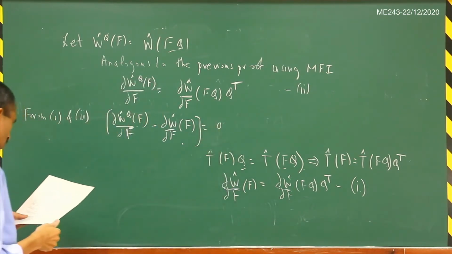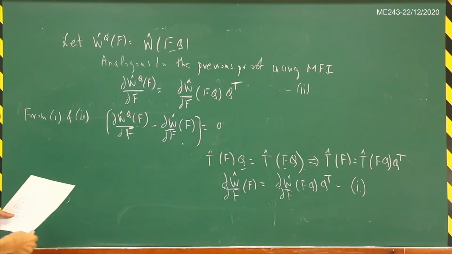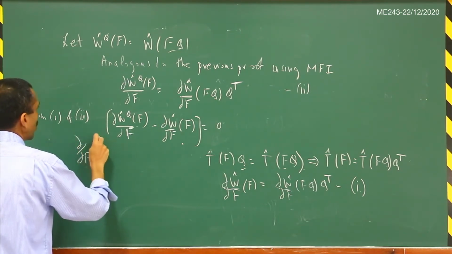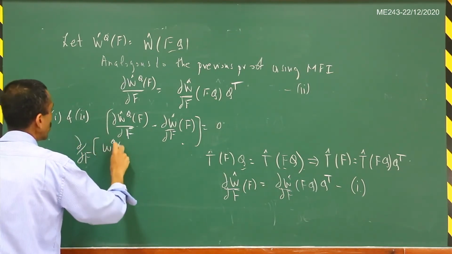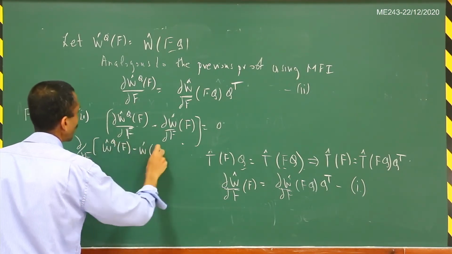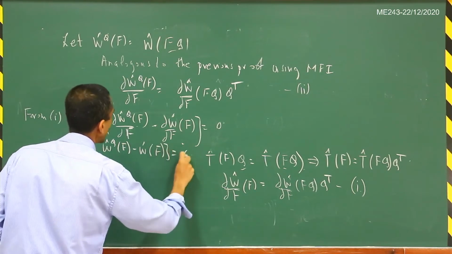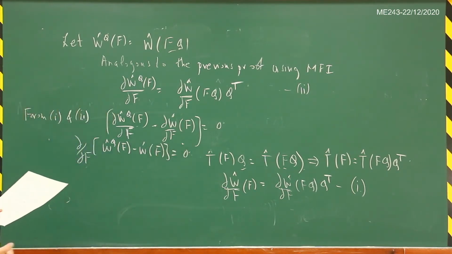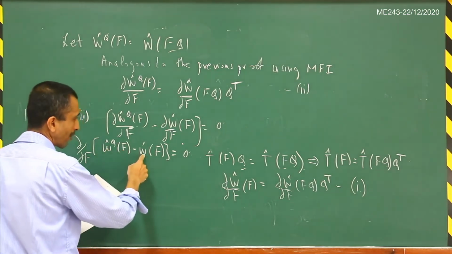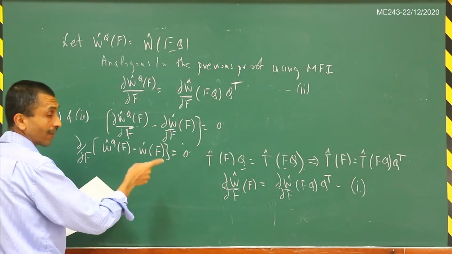Then you can write this as del by del F of W_Q of F minus W hat of F is equal to 0. And then just like in the previous one, suppose now you have W_Q of F is equal to W hat of F, then this is trivially satisfied.